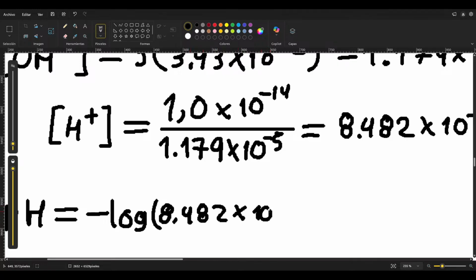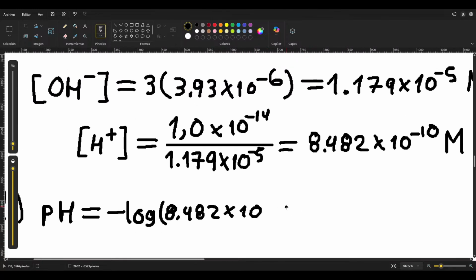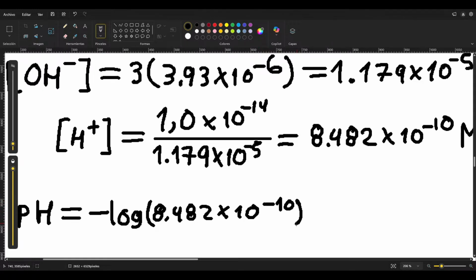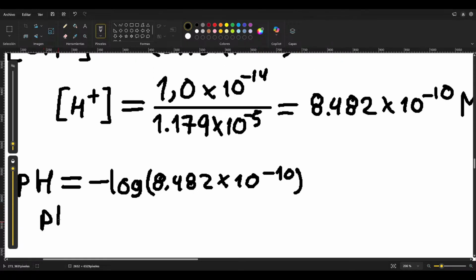It's kind of confusing, hydroxide, hydrogen, they're so similar. Okay, 9.07.